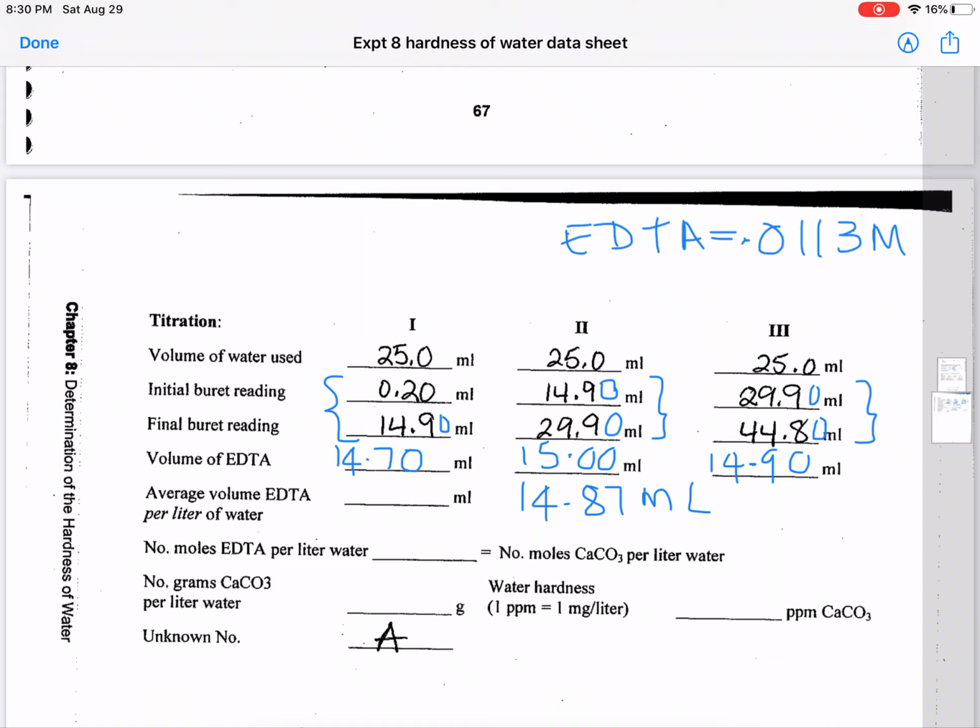So this 14.87 milliliters was used to titrate 25 milliliters of water. But we want to find out, if you had 1 liter of calcium solution, which is the volume of the water, what is the volume of EDTA that we're going to be using.